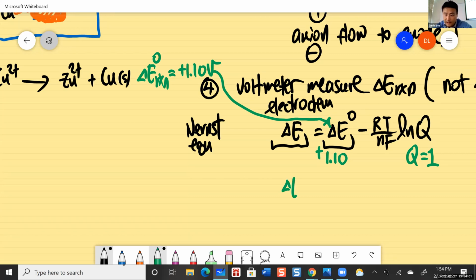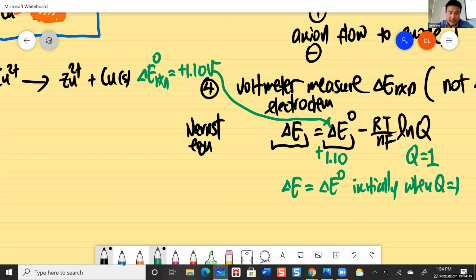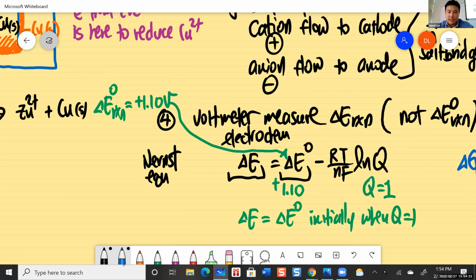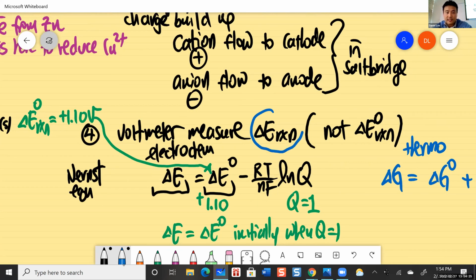So delta E is delta E naught, which is 1.1, initially, when Q is equal to 1. So there's no difference between delta E naught and delta E. Delta E is at any condition. So the voltmeter is not measuring delta E naught, it's measuring delta E.